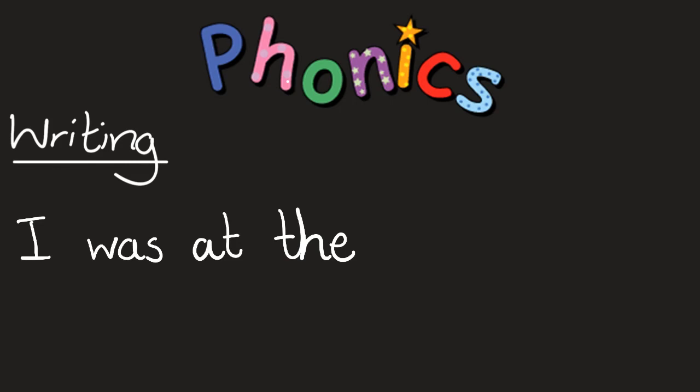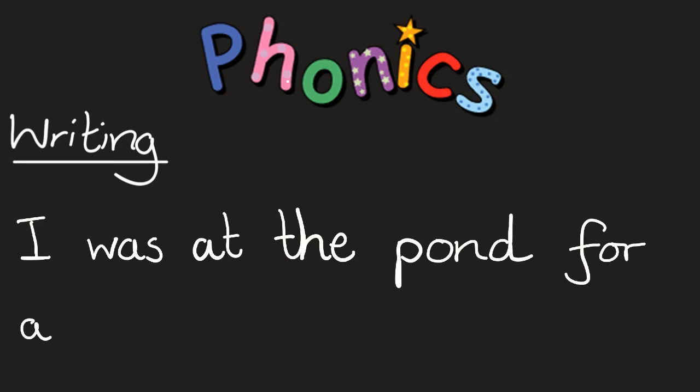Right, let's have a look. So I've already written I was at the. Okay, so the next bit was pond. Now that's got an adjacent consonant at the end. Pond, here I go. P, O, N, D. I was at the pond for, it's an easy word. I was at the pond for a swim.